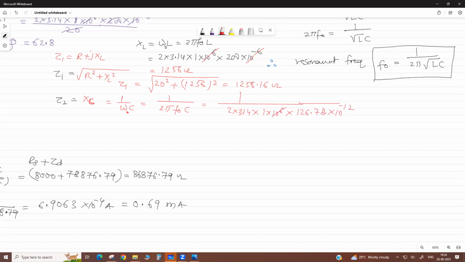Okay, so here 6 is cancelled. 6 comes up, it comes 6. Then here it comes 10 raised to power 6 by 2 into 3.14 into 126.78. Correct or not? Then what is the value?